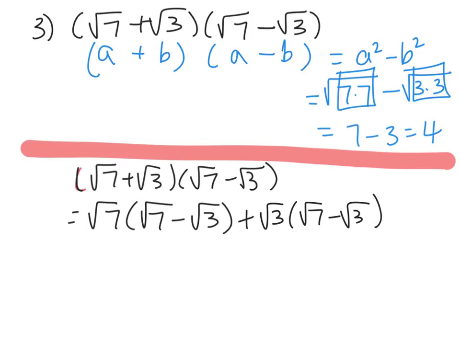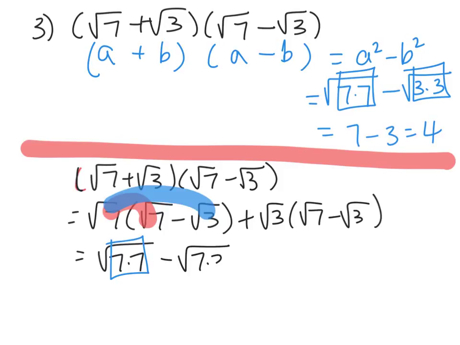So let's distribute. Right now I'm going a little bit faster. Multiply like that. So that's going to be square root of 7 times 7. Ooh, that's a box right there. Then I'm going to multiply those two like that. So that's going to be minus square root of 7 times 3. The next one is like that. So plus square root of 3 times 7.